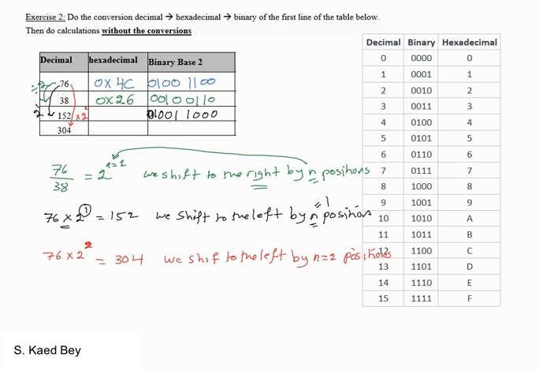So let's get on and shift the representation of 76 by 2 positions to the left. This means we are adding 2 zeros on the right hand side.